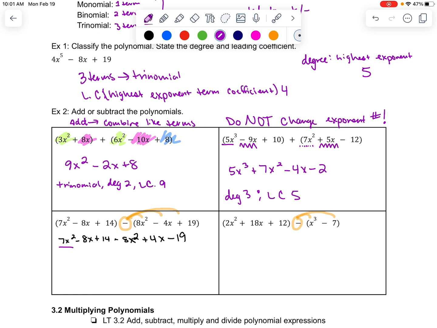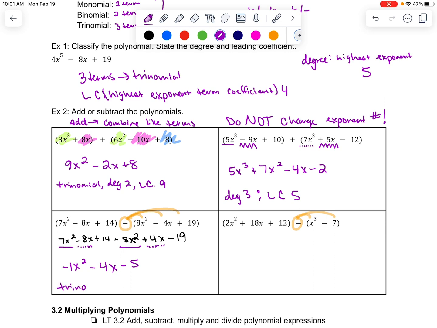So x squareds go together, x's go together, and the no x's go together. So 7 minus 8x squared gets me negative 1x squared. Negative 8x plus 4 gives me minus 4x. And then the 14 minus 19 gives me minus 5.